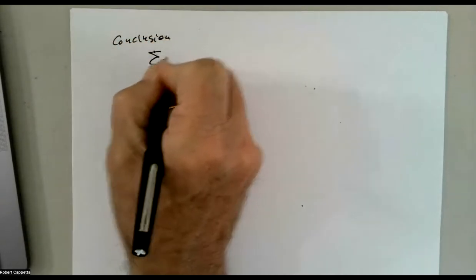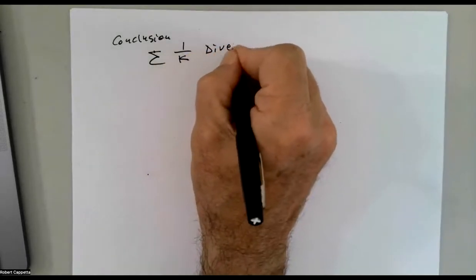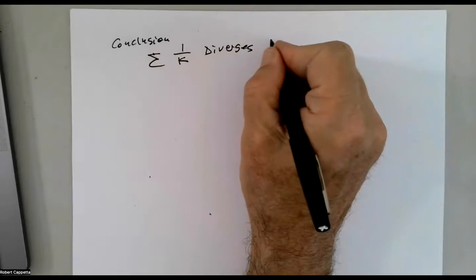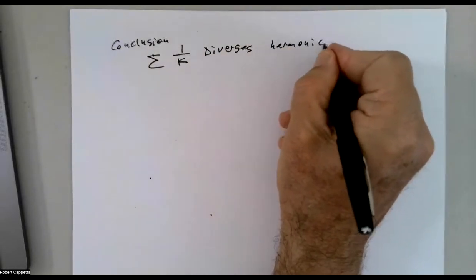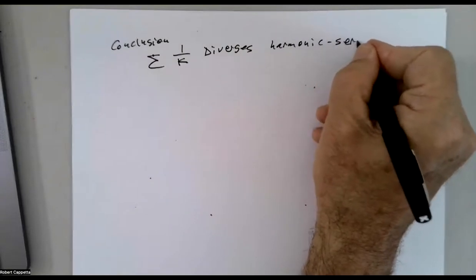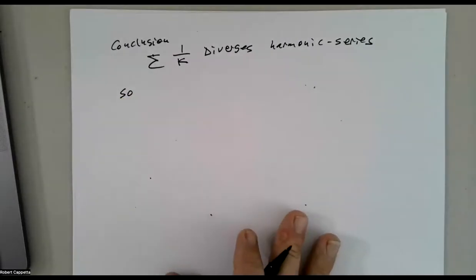The sum of 1 over k diverges. Again, that is our harmonic series, or you could say p-series, I guess, with p equals 1. But it's a famous series, it's the harmonic series. So since we had a positive finite number, we know both are of the same type.